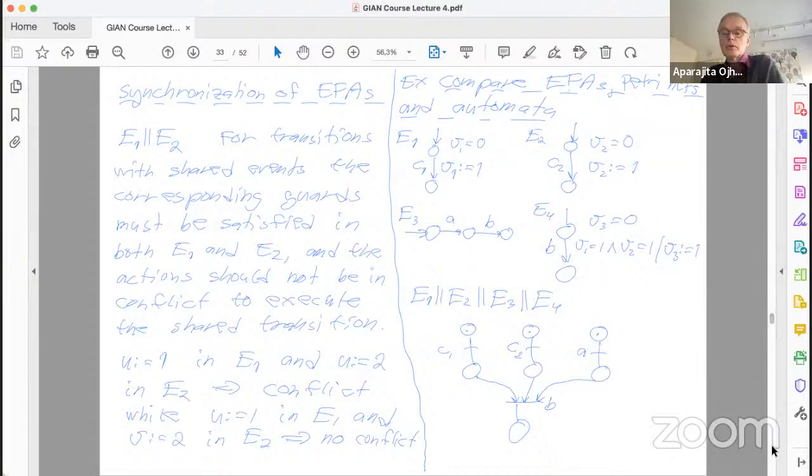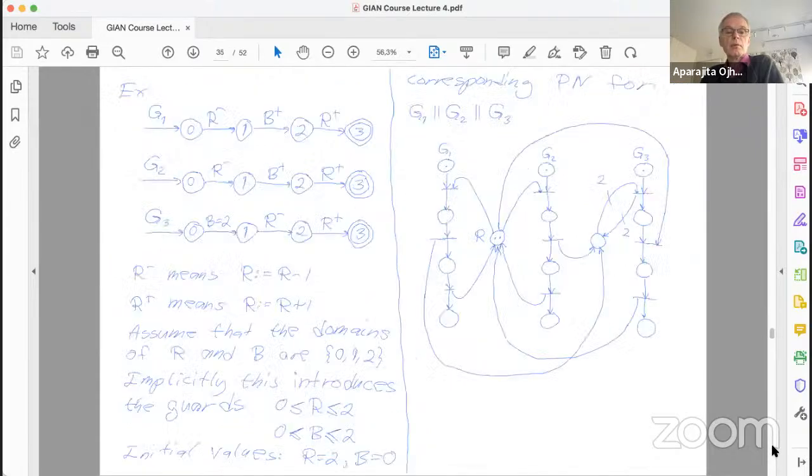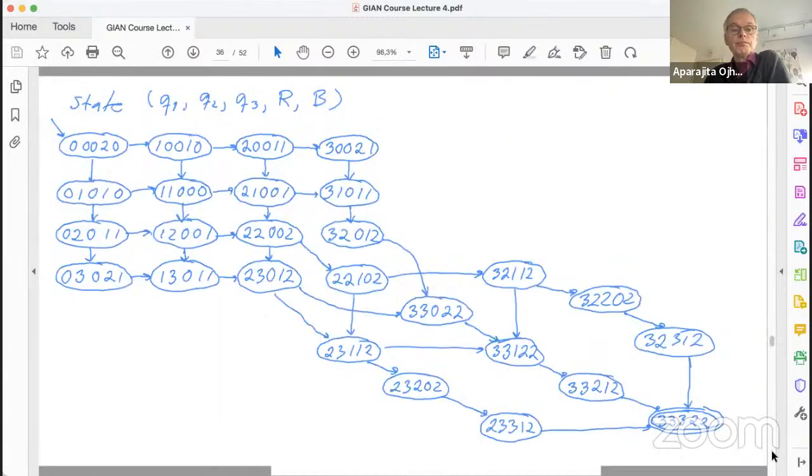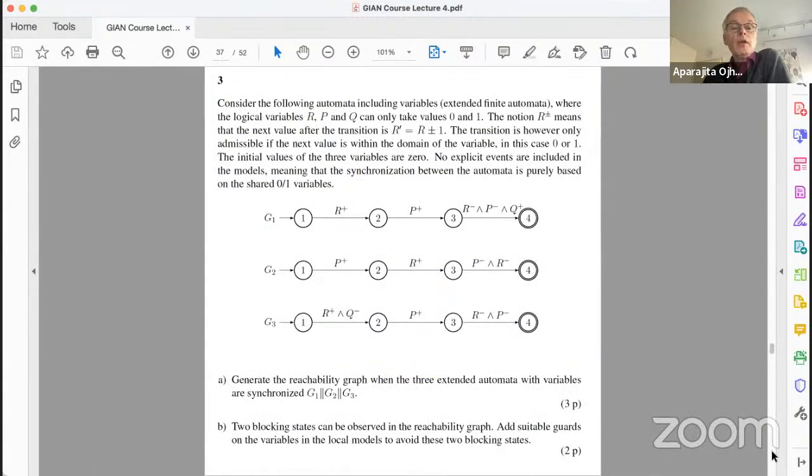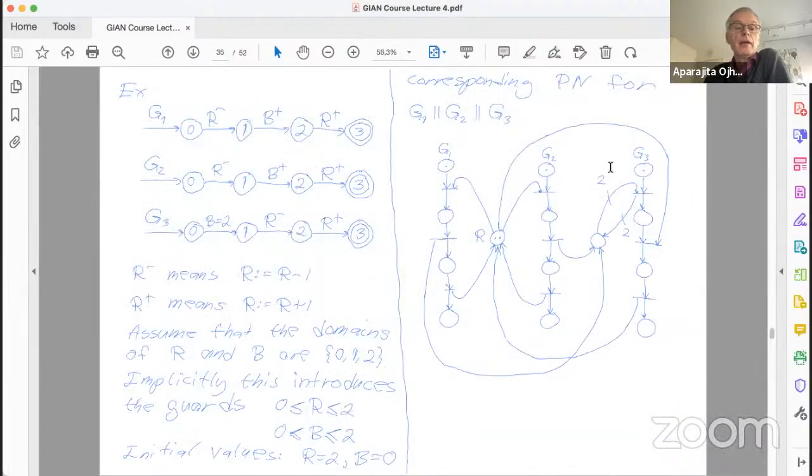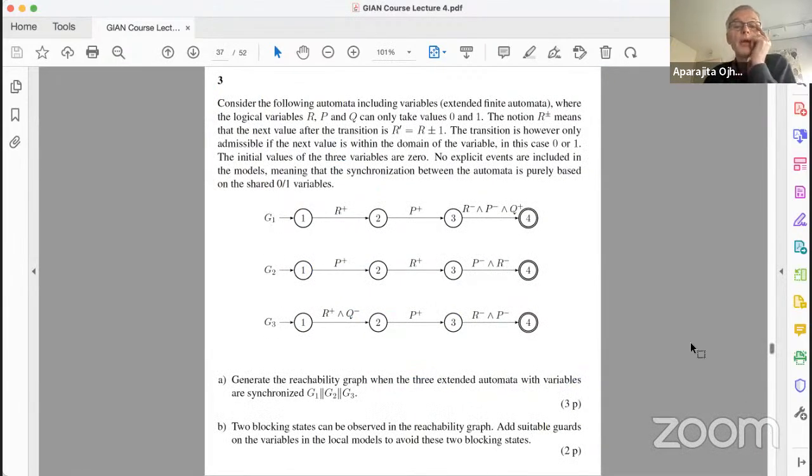I would like to give you some more examples now on these variables that you can add to automata and also to Petri nets. So this is quite similar to the example I had here, which I presented in detail. What we will do now, let's see, is the following.